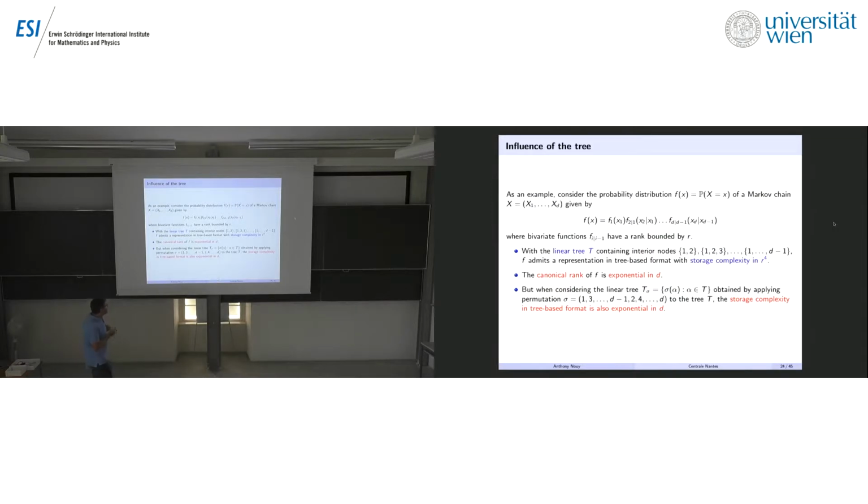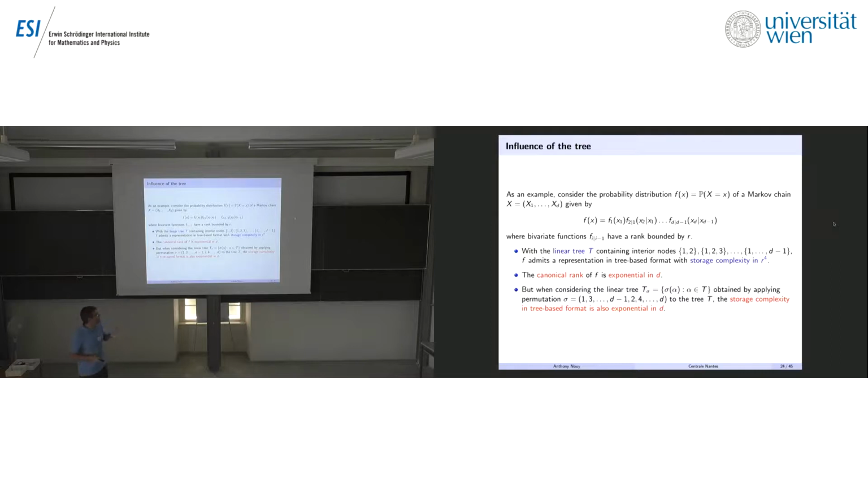So here, it's beneficial to go to tree-based format. But also, suppose that you have no idea about the causality of your system. You have no idea about the sequence of variables, how they depend on each other. And suppose you have chosen a linear tree, but with the variables ordered like this, okay? This is the worst case, in fact, where you can prove that the representation complexity of F will be exponential in D also.